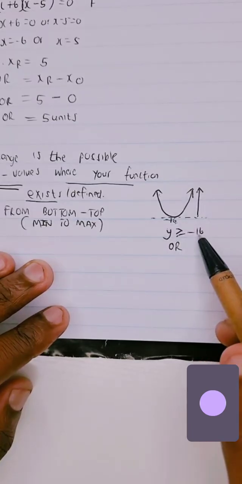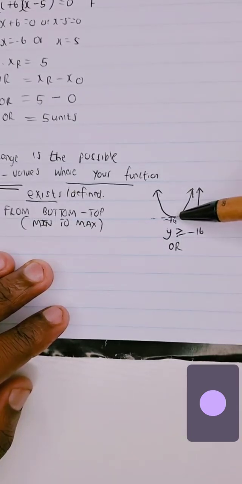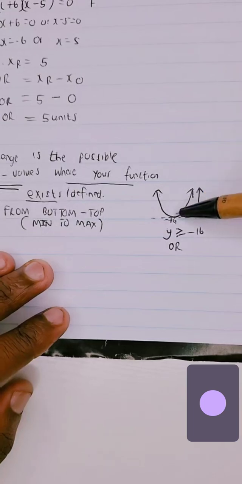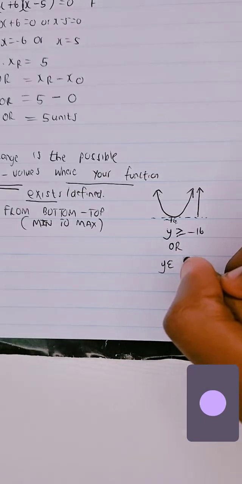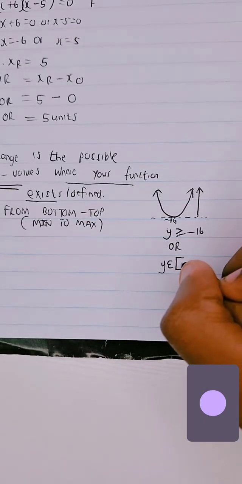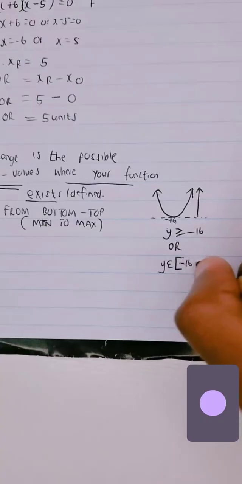That's why we say equal to negative 16. But greater than negative 16 also gives us that idea that this function above negative 16 goes on. Okay? Or you can say y is an element of square brackets. Remember inequalities? Interval notation from negative 16 to infinity.